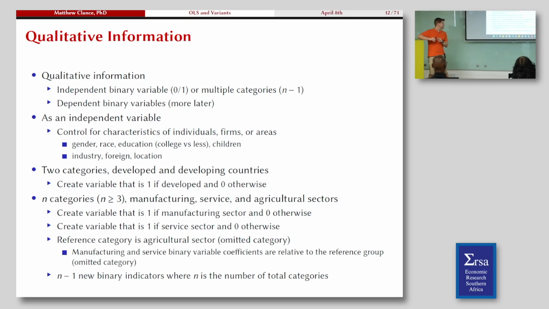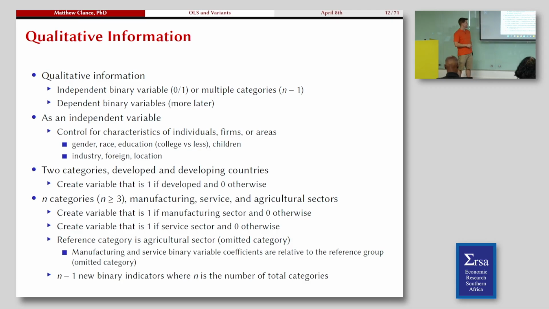Because if we just say something's high or low without actually giving a point of reference, it's meaningless. If I say the grades in the course were low, low relative to what? High relative to what? So always make sure that you keep one of these reference categories. Usually we would focus on one that we have a good comparison with.